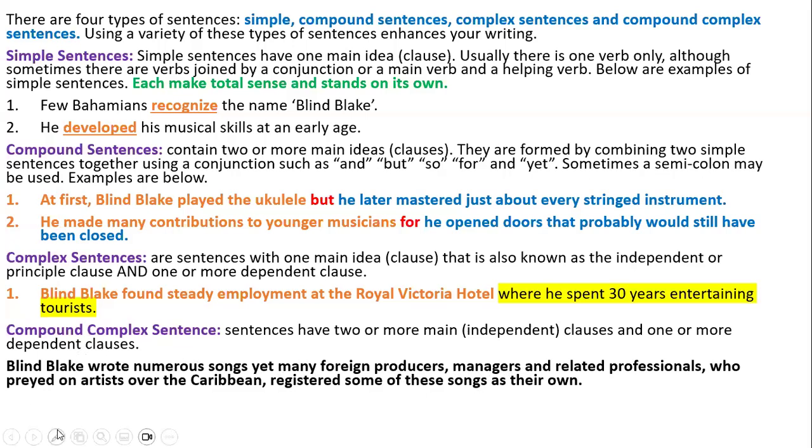Let's find the independent clauses. Independent clause meaning it could stand on its own. Blind Blake wrote numerous songs. Is that an independent clause? Can that stand on its own? Yes, that's one independent clause. You see the yet, right? The yet is the conjunction.